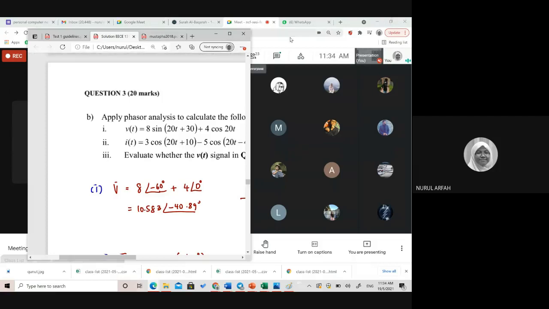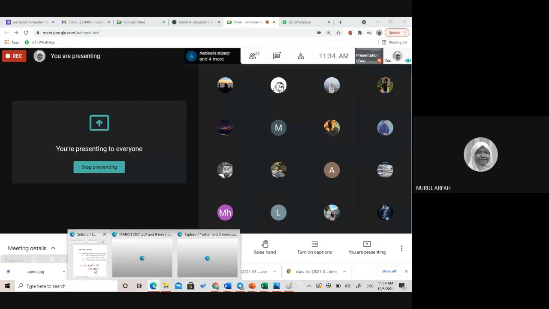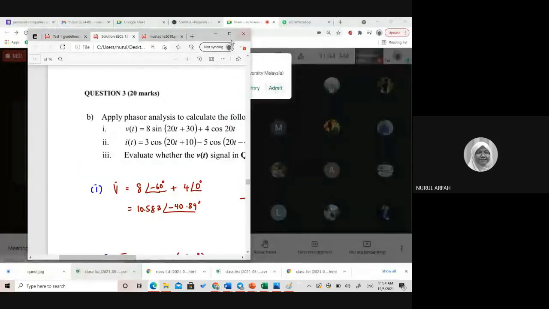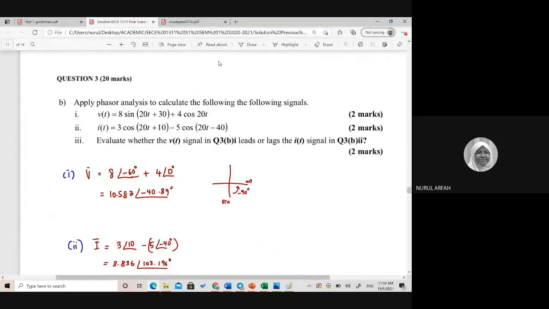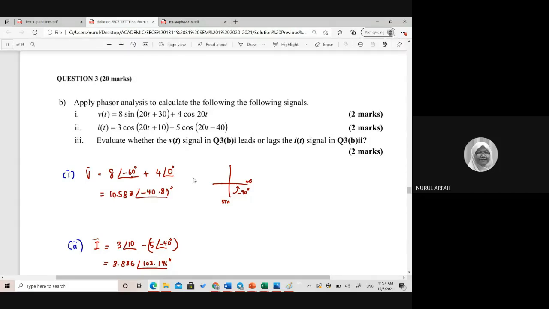Even though they are not related, they are useful for this number 3, because they ask you to evaluate whether the voltage signals or the current signals are lagging or leading, right?